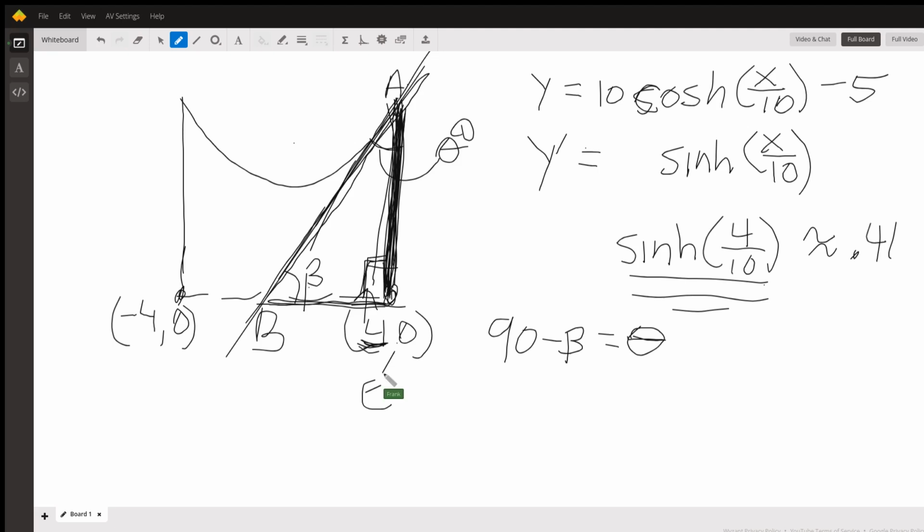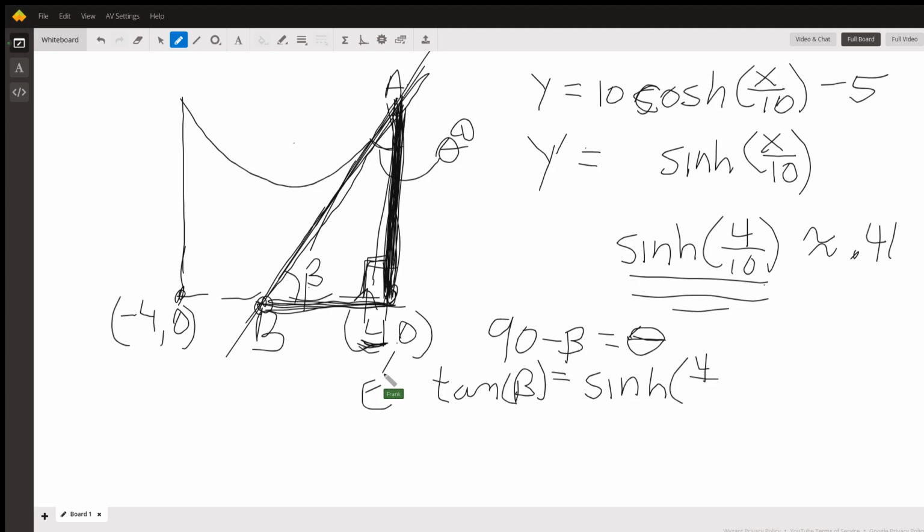This is the rise, how high the pole is. This is the run, how far it is from the point that I called point B. So I know that the tangent of beta equals the slope at x equals 4, which is the hyperbolic sine of 4/10.